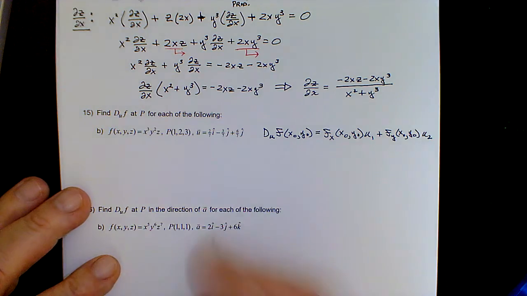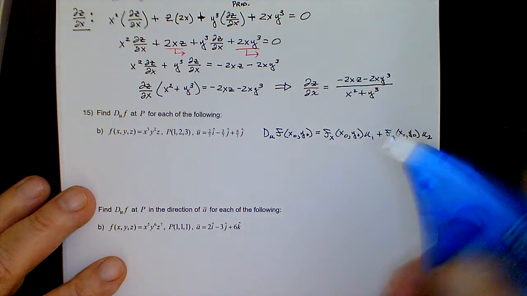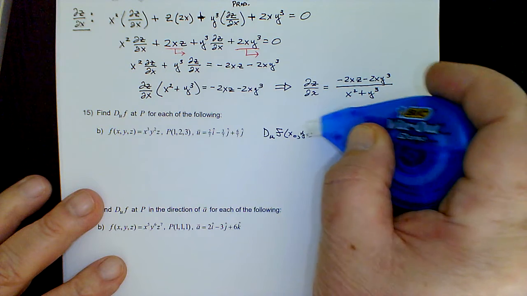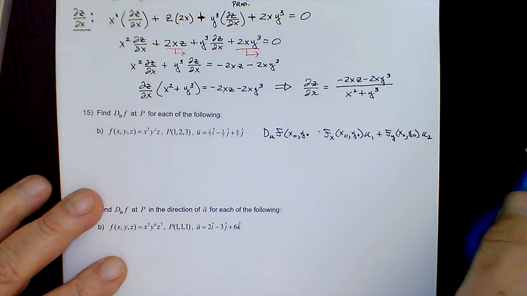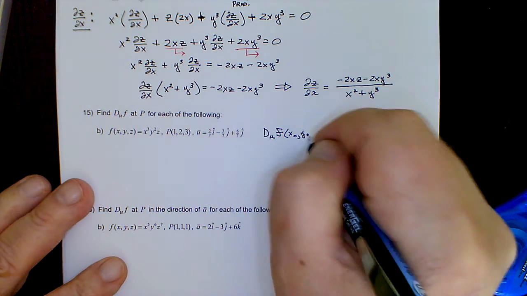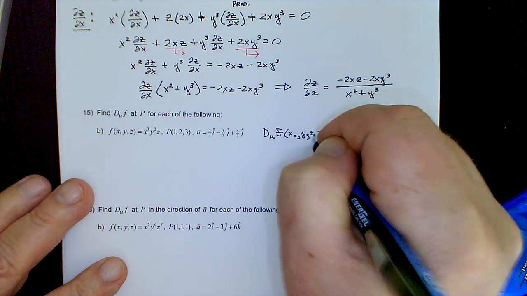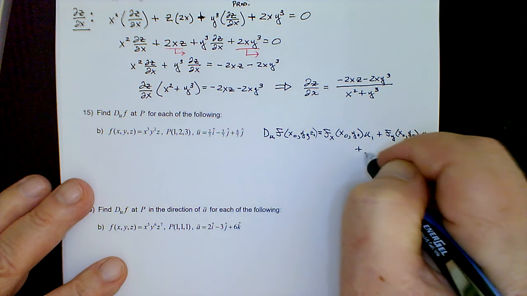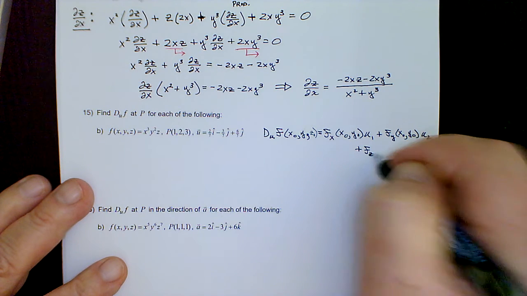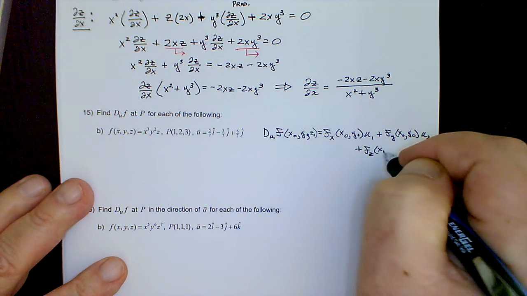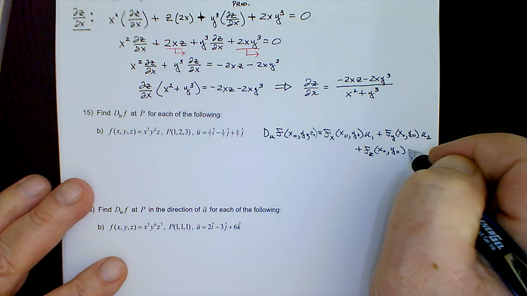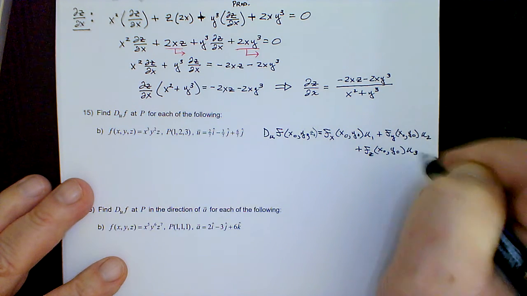And actually this is 3 dimensions, I'm sorry. This is 3 variables. So I've got to add on here, see if I can squeeze this in, a z sub 0, and then this would be plus f sub z, also at the point x sub 0, y sub 0, times u3.